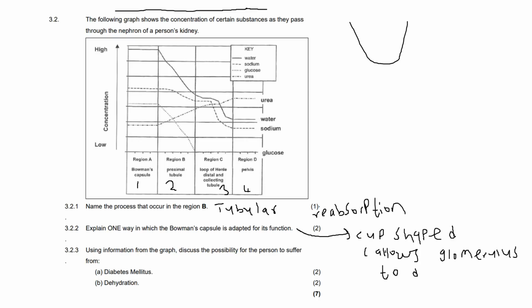That will be the advantage of the Bowman's capsule being cup shaped: it allows the glomerulus to do filtration. That will be your one way. There are other ways as well, but this is one way, filtration by the glomerulus, because it's cup shaped.